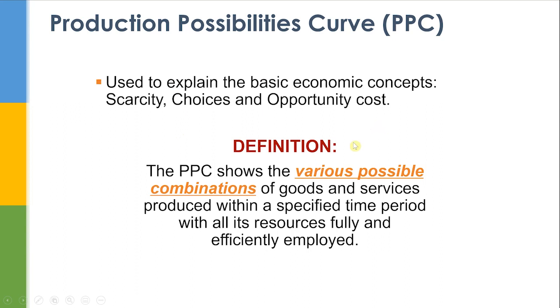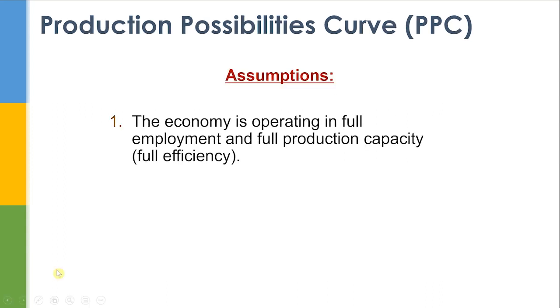The definition of production possibility curve shows the various possible combinations of goods and services produced within a specified time period with all resources fully and efficiently employed.